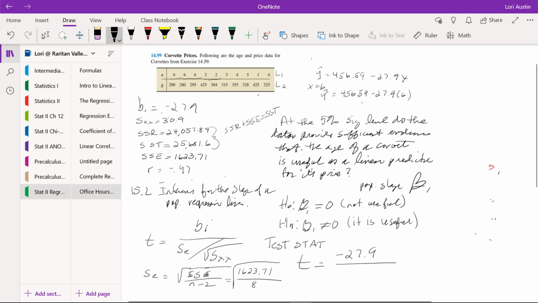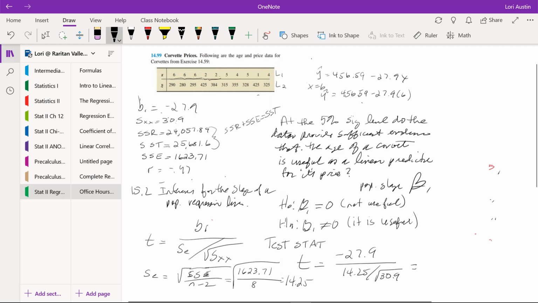$14.25. Yep. Okay, so our SSE is 14.25, and then you put that over the square root of S sub XX, which again, that was calculated last week. So we have that, and that was 30.9.